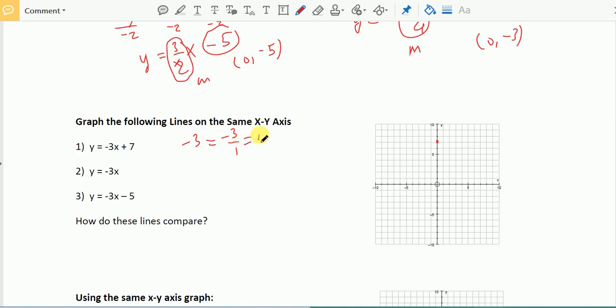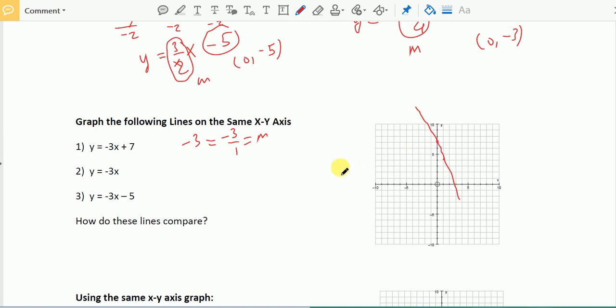For the slope, that means from this point, you go down 3 units, and then you go to the right by 1, and then you connect the points, and this is your line. But let me redraw this one here to make it look better. So something like that.